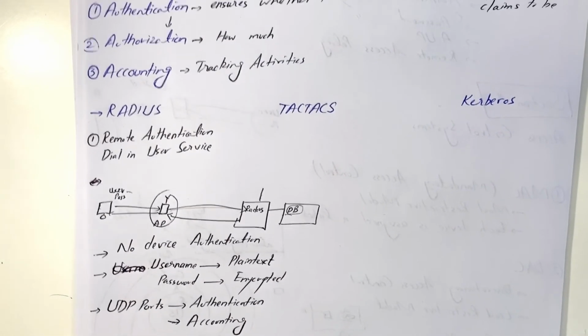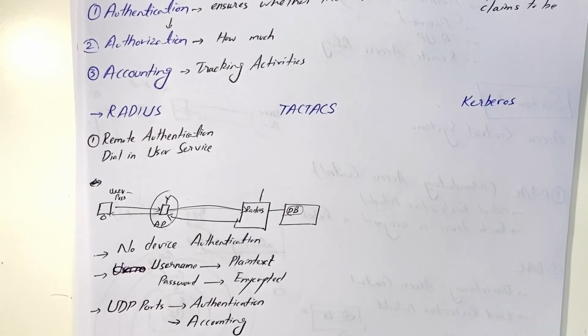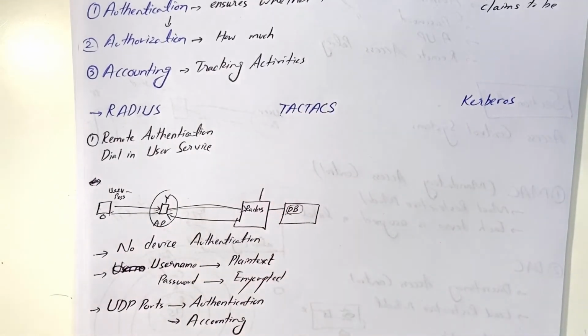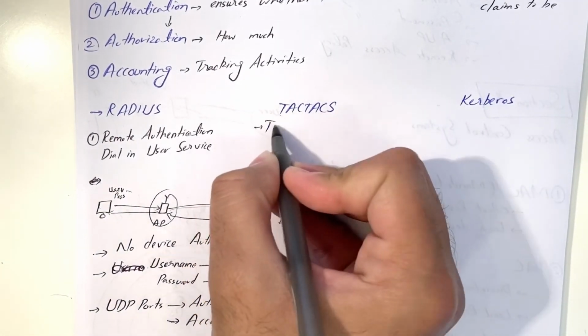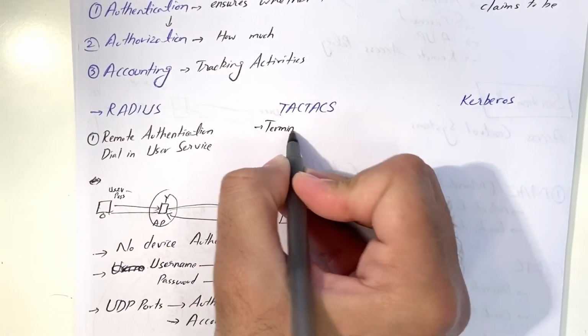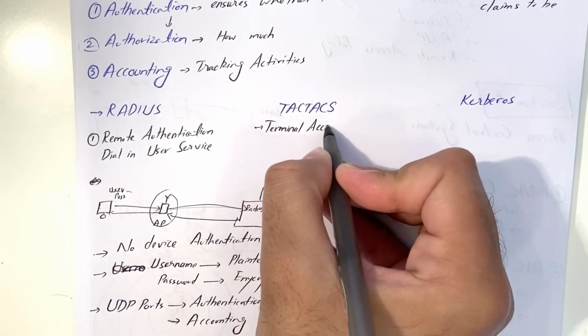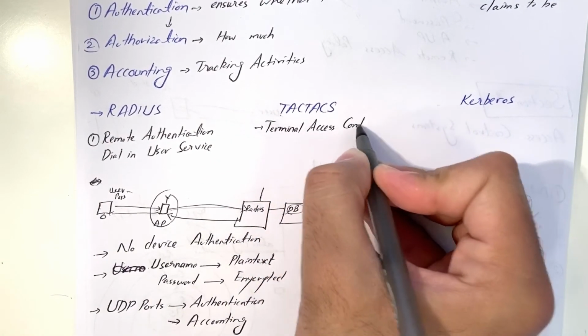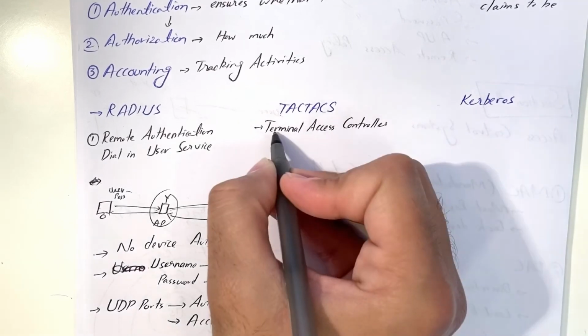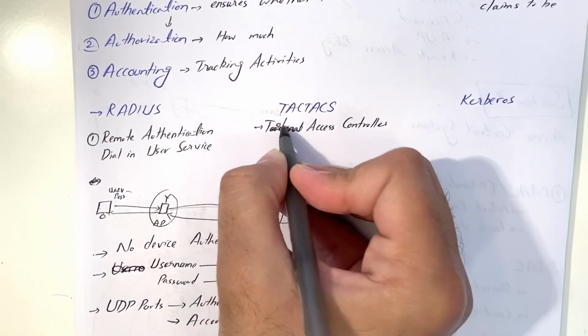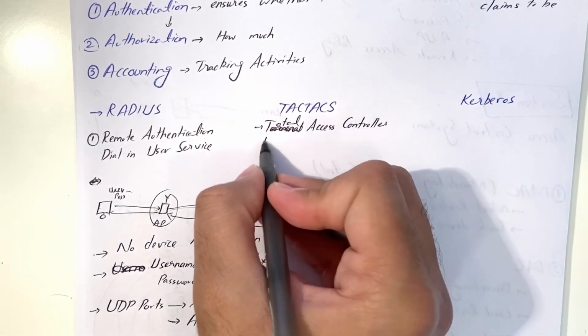The counterpart is Cisco's proprietary protocol. Cisco came up with a different idea. It stands for Total Access Controller Access Control System. Sorry, it's not terminal, it's total.